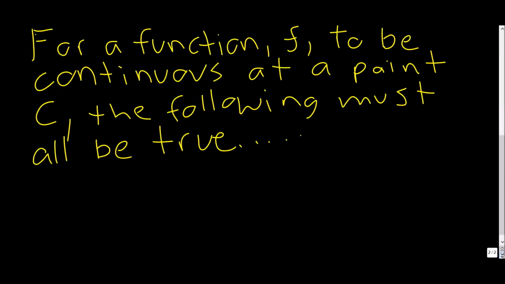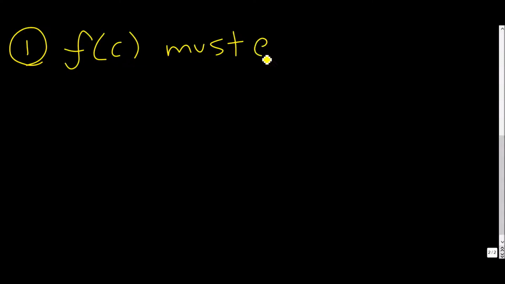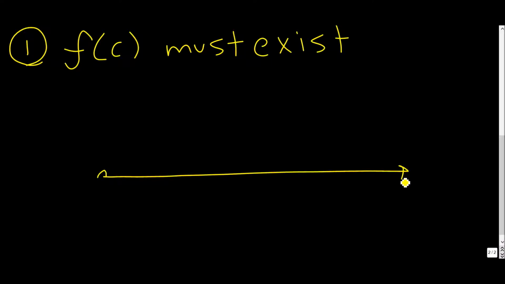Our first option, the first thing that must be true in order for a function to be continuous, and again, remember there's three, is that f of c must exist. If we think about what that means, somewhere on our graph, we don't know where C is, but let's call this C, we have to have a filled in dot.